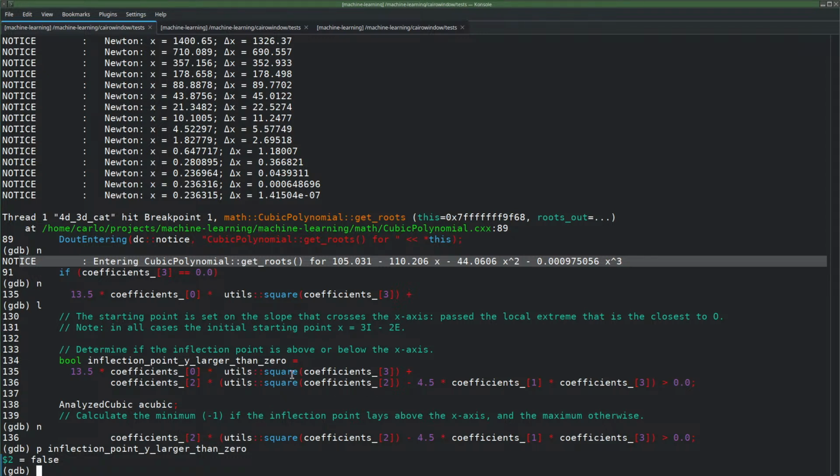And then the inflection point is here below the x-axis, so that should be false. At minus 10,000, and then we have a maximum which just goes through the x-axis at around the origin. So there it has a maximum. That's what I expect. So yeah, the inflection point is negative. So we're somewhere here.